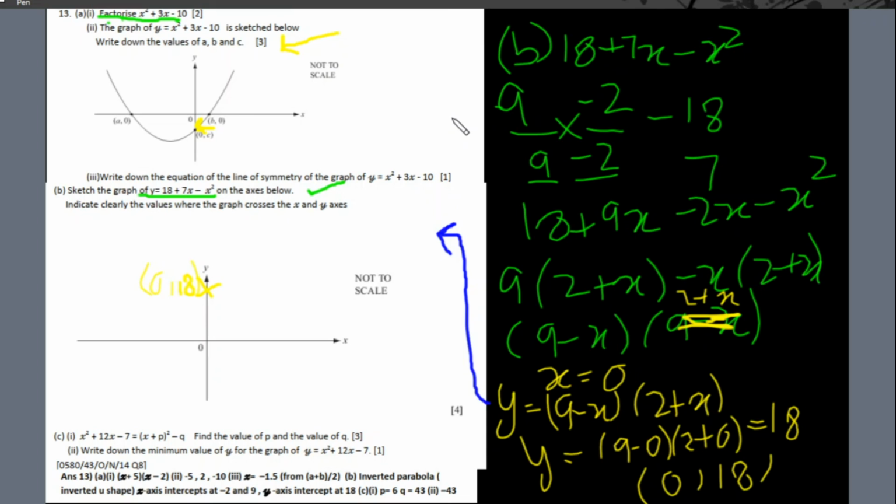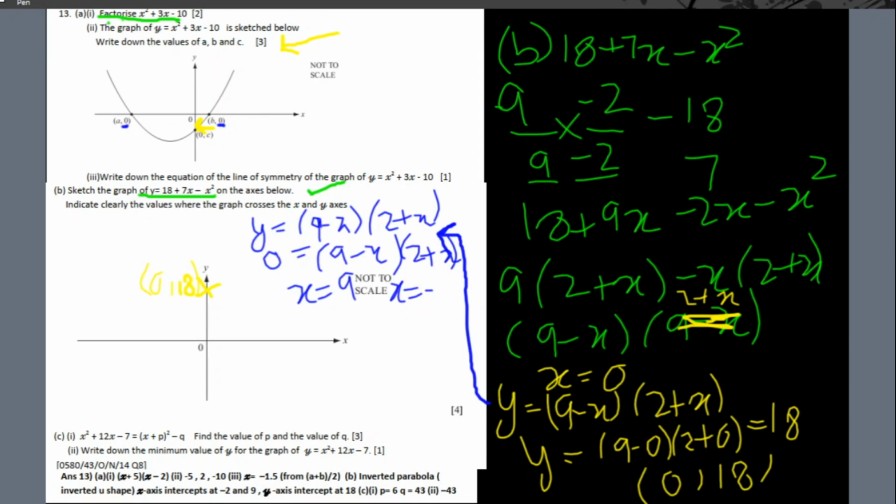So I'll write y equals 9 minus x and 2 plus x, and y is equal to 0 because here y is 0 and here y is 0, and we're exactly following the pattern of part A to sketch part B. So 0 equals 9 minus x and 2 plus x, so we get x equals 9 and x equals minus 2.